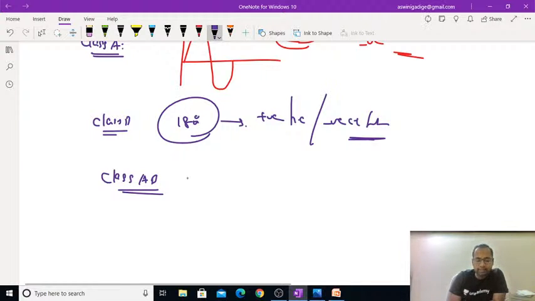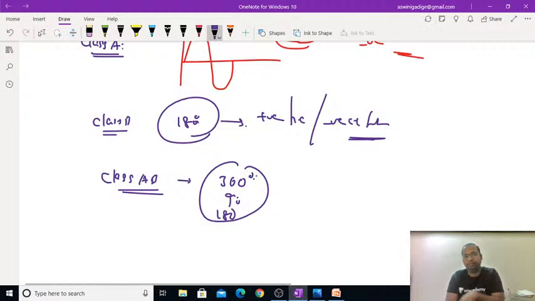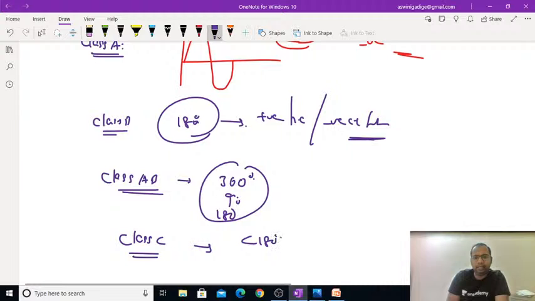Yeah, exactly. And while coming to class AB, it is in between 180 to 360 degrees. The conduction of class AB is 180 degrees to 360 degrees. And class C is less than 180 degrees. Understand?